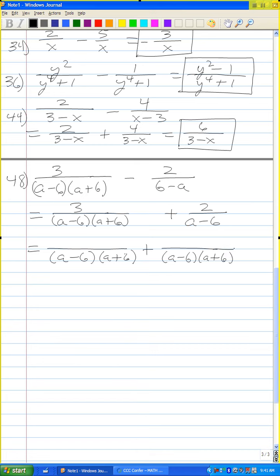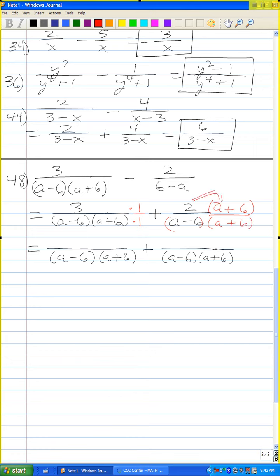And so let me multiply and divide this first by 1. Let's multiply and divide by a plus 6.